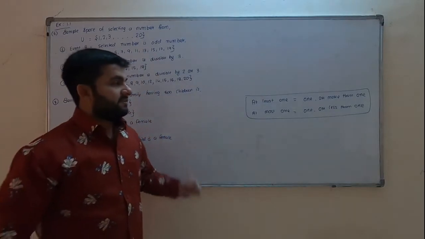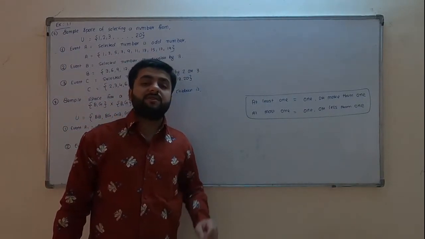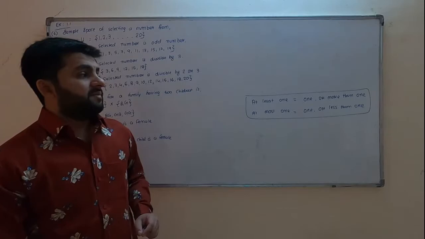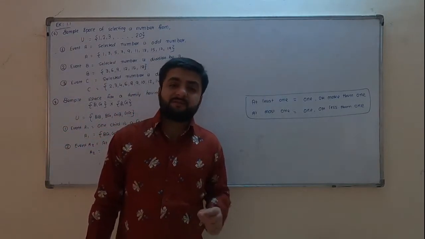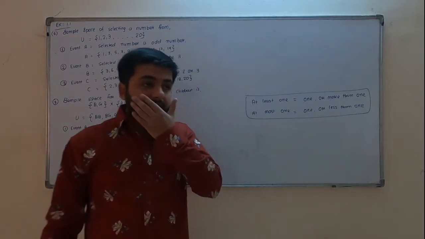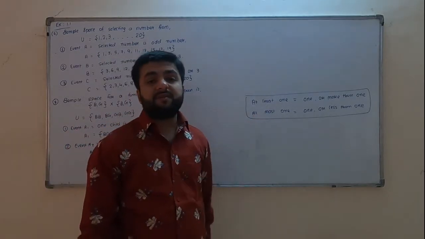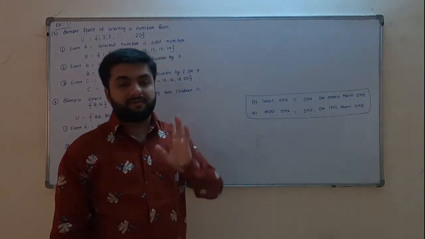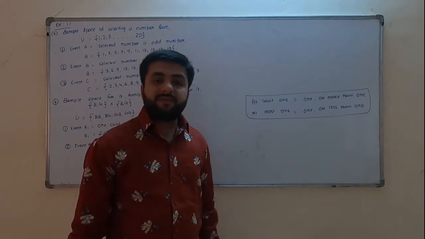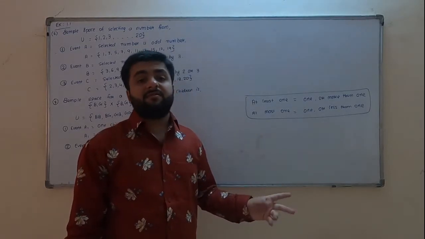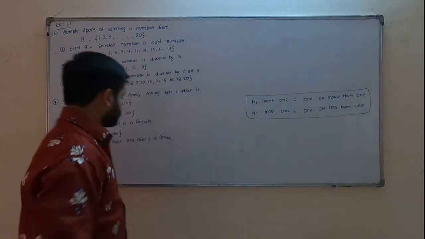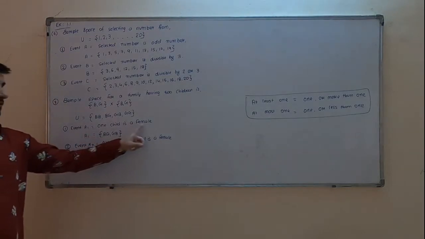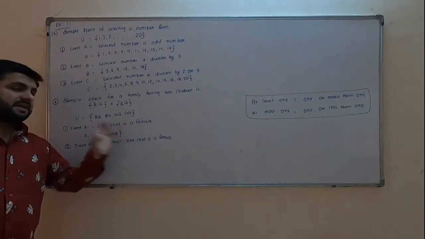I explained this in 11th standard also in permutations and combinations, because permutations and combinations are somewhat the same as probability. When at least one is given, one is possible and more than one is possible. At most one means one is possible and less than one is also possible, not more than one. Here they are asking for one child, so BG and GB.